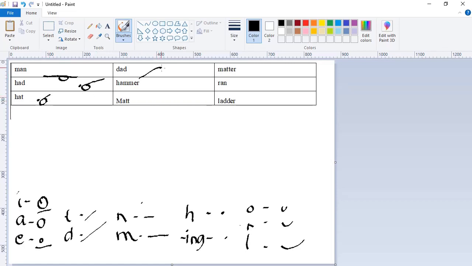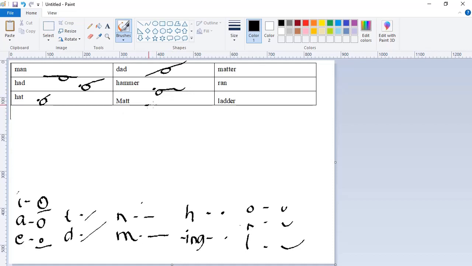D, a, d, dad. Ulitin natin. D, a, d, dad. Next, we have hammer. A, m, r, ham. So, h, a, m, r, hammer.